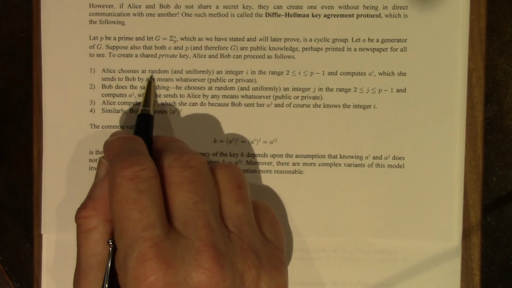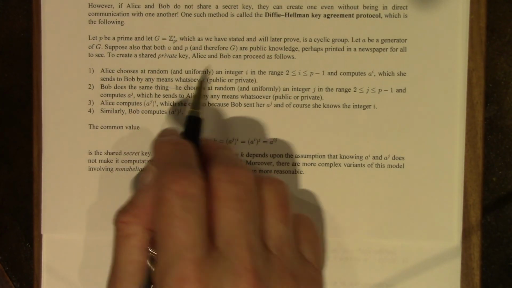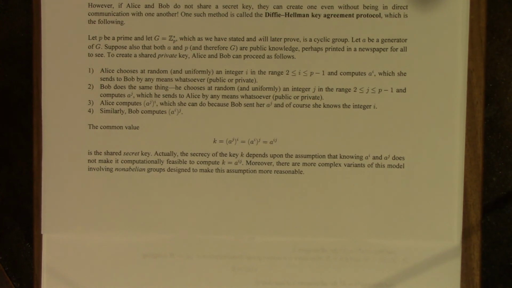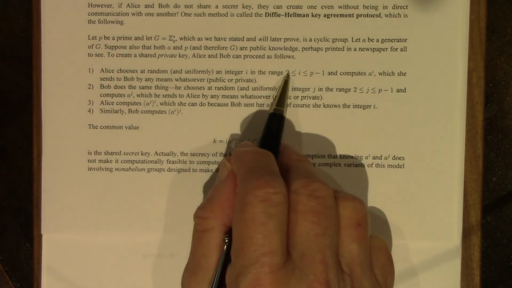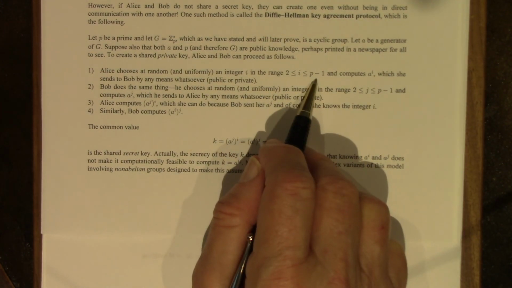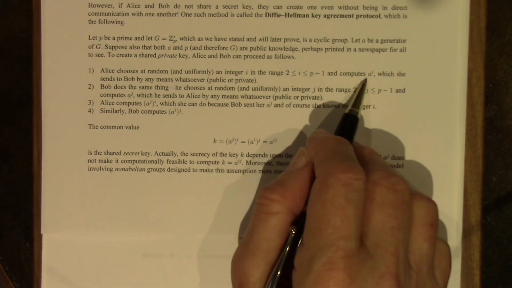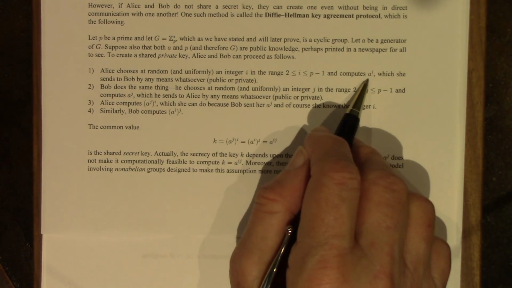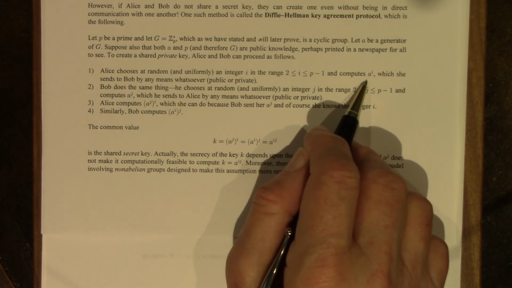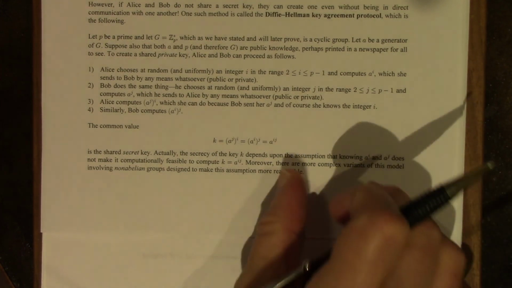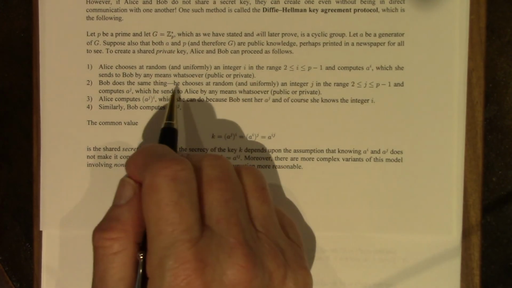To create a shared private key, Alice and Bob can do the following. Alice chooses at random and uniformly an integer i in the range 2 to p minus 1. And she computes a to the i, so she takes the generator a and raises it to the ith power. And she makes that available to Bob, private or public. She can put that in the newspaper as well. Bob does the same thing.